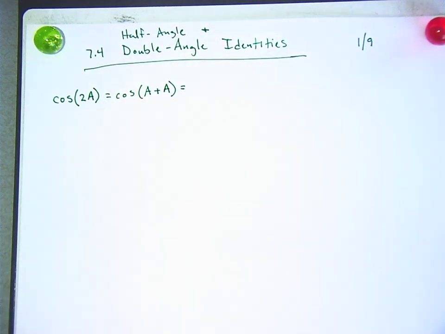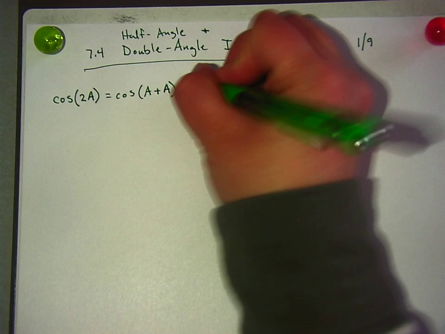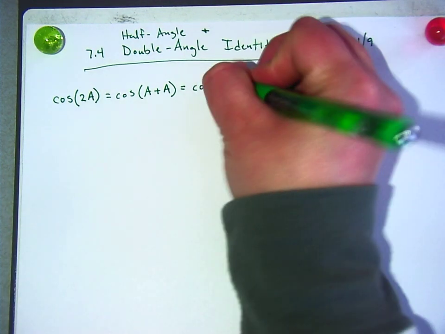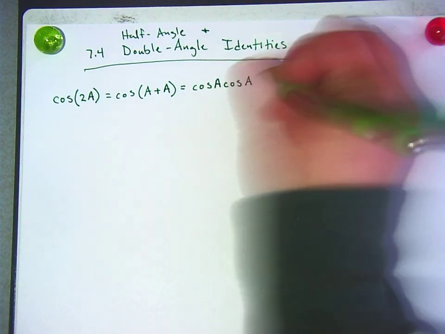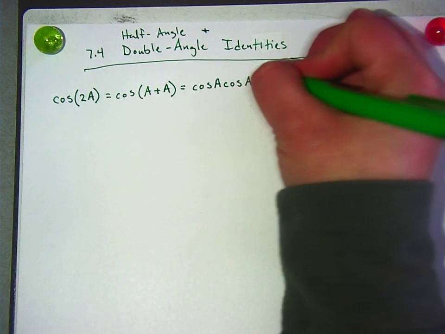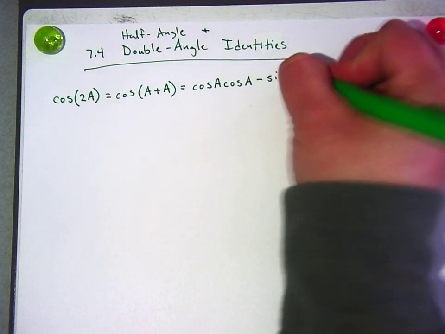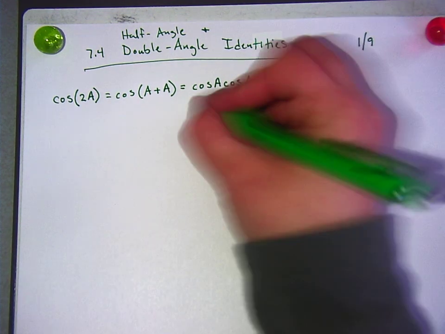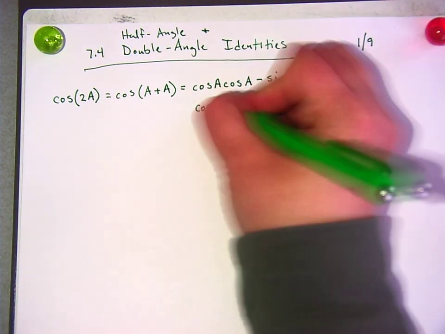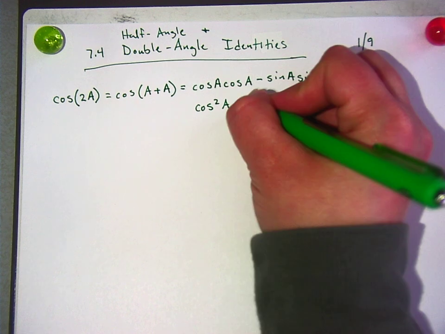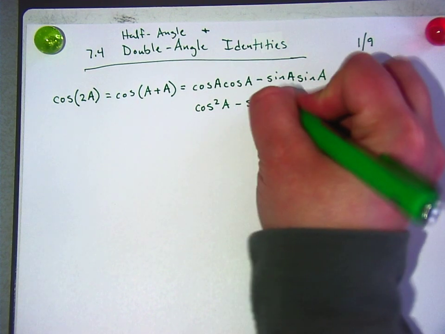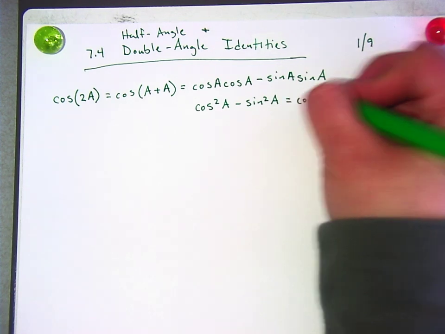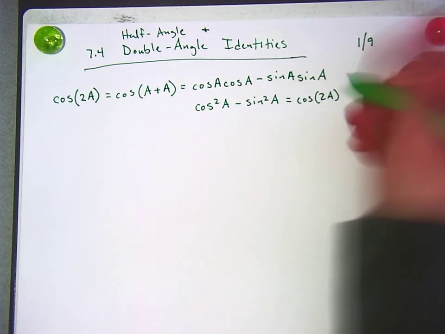So I'm just going to use the formula, except instead of writing cosine b, I'm going to write cosine a, because they're both a's, minus sine a sine a, which is cosine squared a minus sine squared a. And that's the double angle formula for cosine.